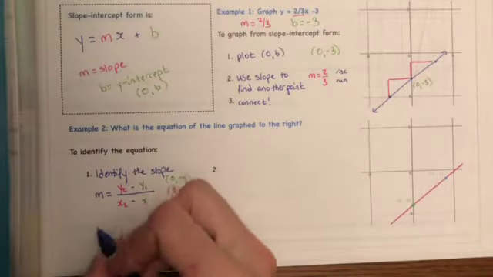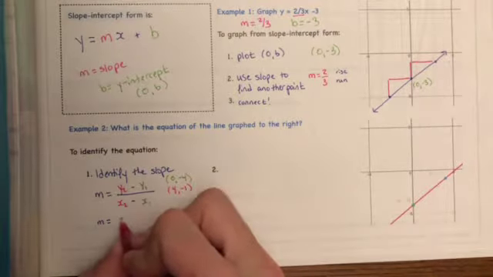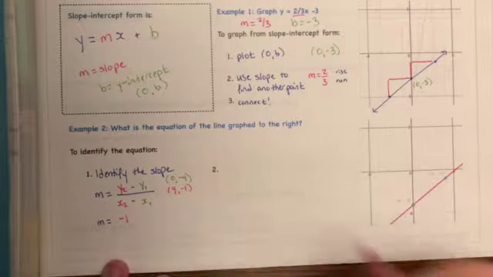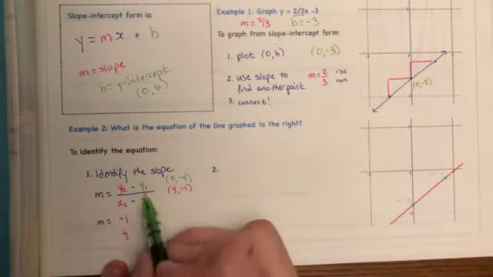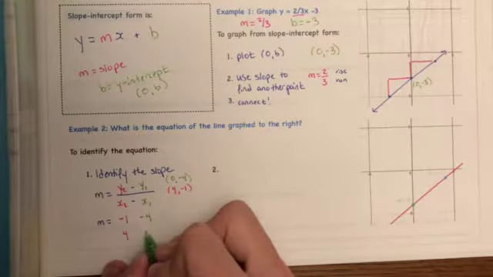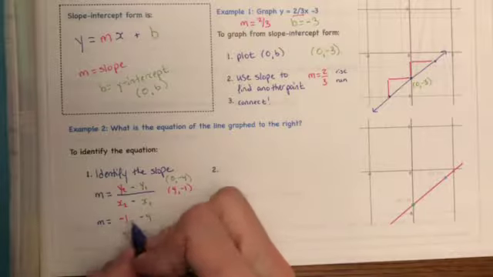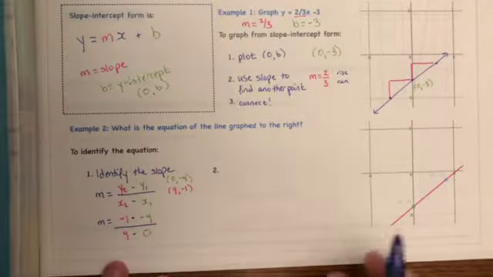Now to find my slope, I can plug in my values. y2 is -1, x2 is 4, y1 is -4, x1 is 0. I'm going to be subtracting and dividing.